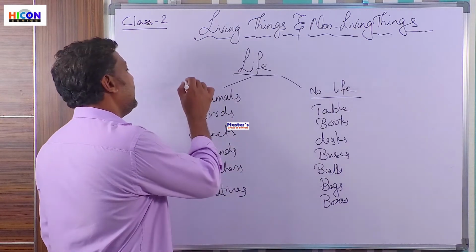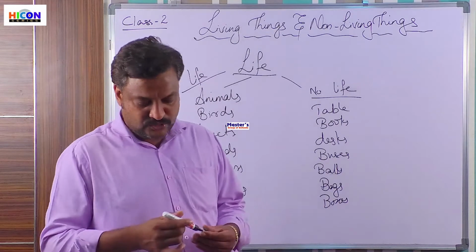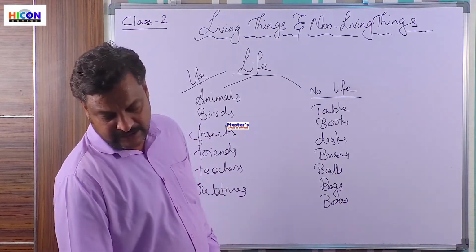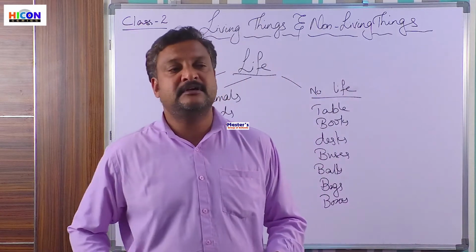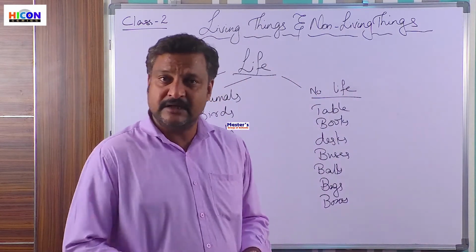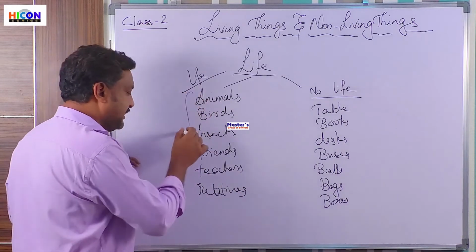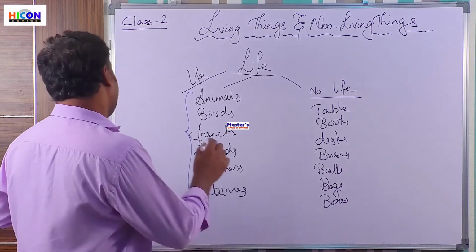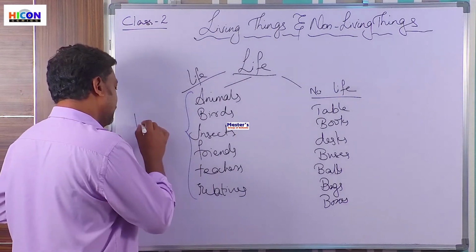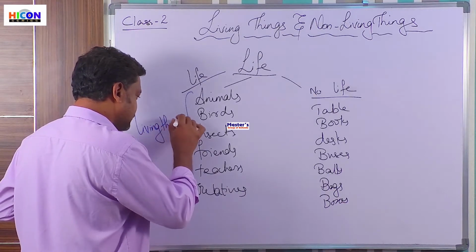So some things have a life in them, and some things do not have any life in them, right? Those things which have a life in them are called living things.